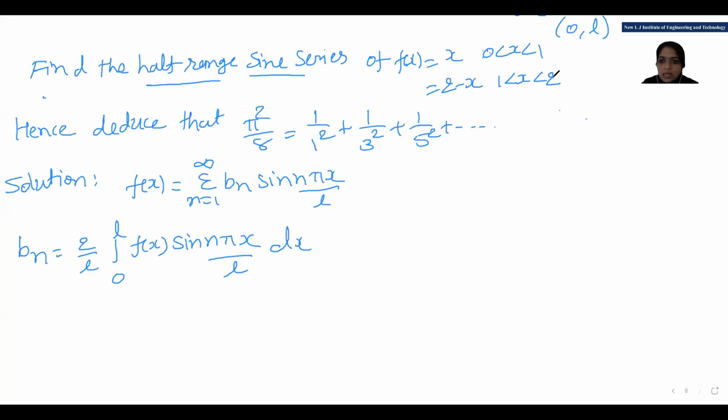Students, as I say, our overall integral is 0 to 2. It means your L is 2, right? So, as L is 2, we have to put 2 by 2. So, 2 by 2 is 1. 0 to 2. What is your f of x?